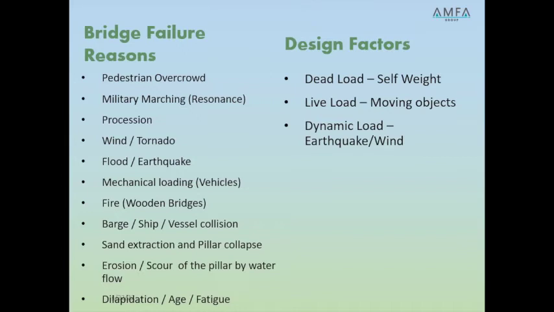Sand extraction from the pillar area of the bridge can affect its strength. Erosion or scour of the pillar by water flow can create gradual damage. In the same way, dilapidation, age, or fatigue from continuous, cyclic loading can also cause failure.